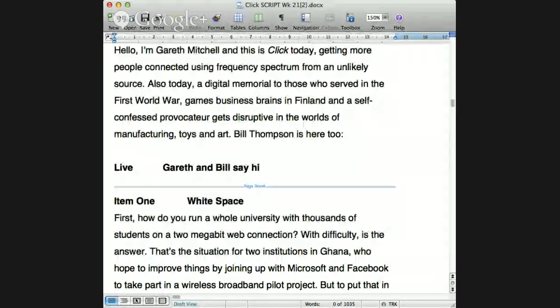The trouble is that that is a scarce resource, but the scheme we're talking about is using the so-called white space. Now, this is space in the spectrum that's sandwiched in between television channels. A communications technology company called Spectralink is involved, and it's working with Microsoft and Facebook. There are already similar trials around the world, but these ones in Ghana are among the latest to be announced. Well, just before we came on air, I heard more from Frank McCosker of Microsoft for Africa.